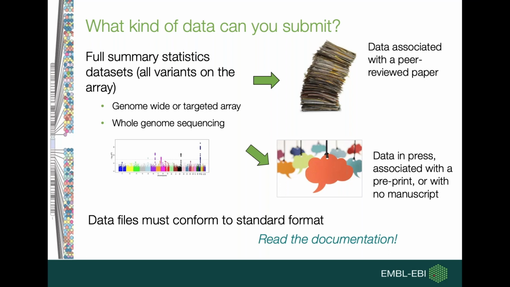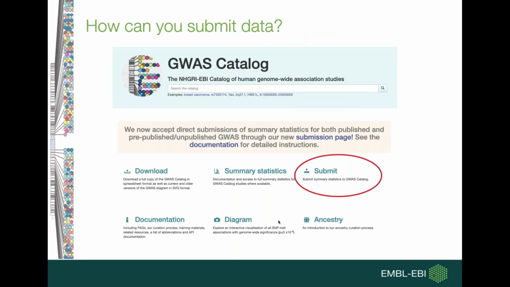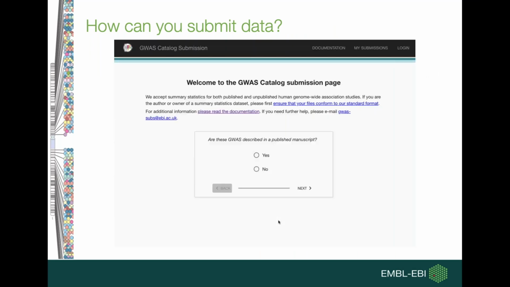Data files must conform to our standard format, so please read the documentation. There's a link from the front page. It gives you a nice wizard to help you create your submission, and you can then submit your files and your metadata in a standard format.